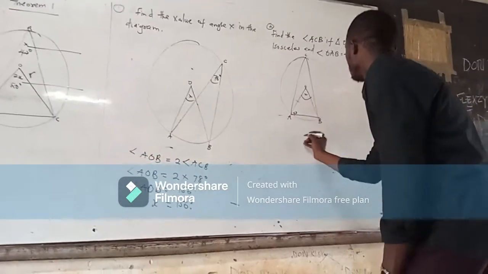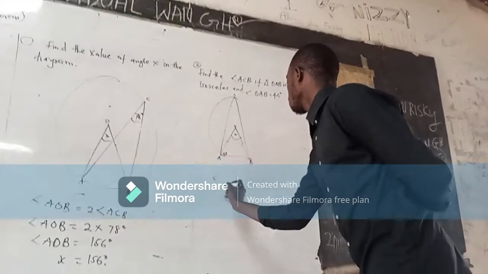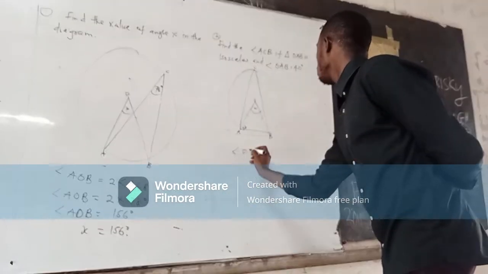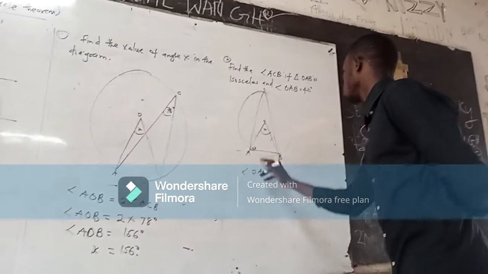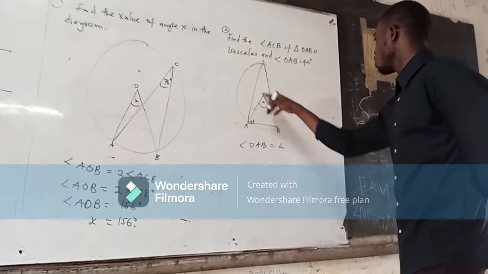Alright, so you make a statement that angle OAB is equal to angle ABO. This angle that is forming is equal to this. So you write AB.